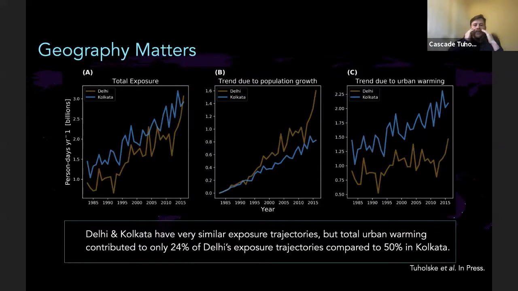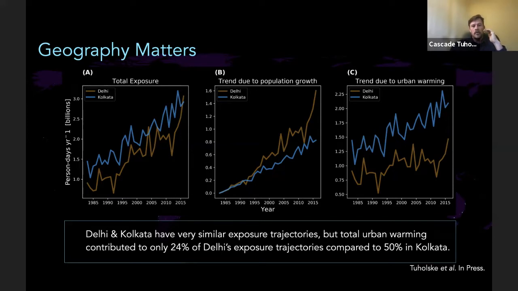So just for 2 very specific cities, about why geography matters, especially in terms of thinking about adaptations, early warning systems, and interventions. Delhi and Kolkata have largely similar exposure trajectories. In panel A, that's the growth in exposure for those 2 cities over the last 34 years. And they're largely similar.